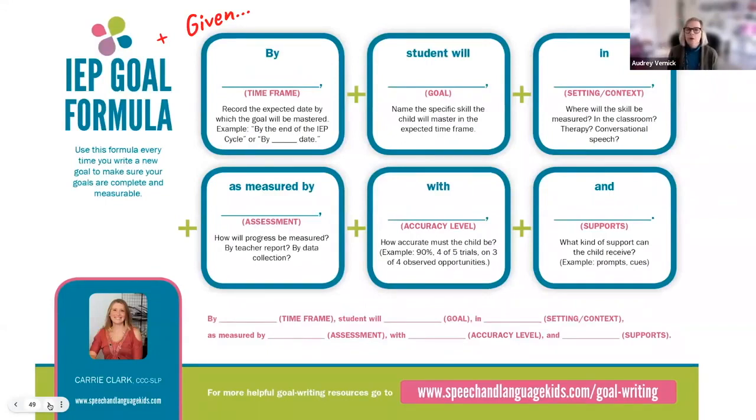So here's an IEP goal formula. There's a million of these out there. I really like the given, right? Here she has it at the end, and supports, right? And what supports.